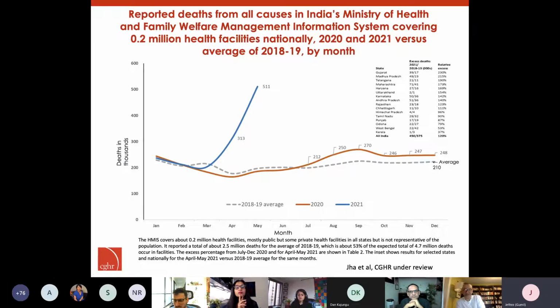Now, how does this compare to other data sources? Well, if it's roughly a 30% excess, then what about other sources? The first resource we looked at was the Government of India's own reporting in approximately 200,000 health facilities nationally. Much of this is in rural areas, but this showed in 2021 a big excess of deaths in hospital, despite admissions actually coming down, and a smaller excess versus the earlier years in 2020.